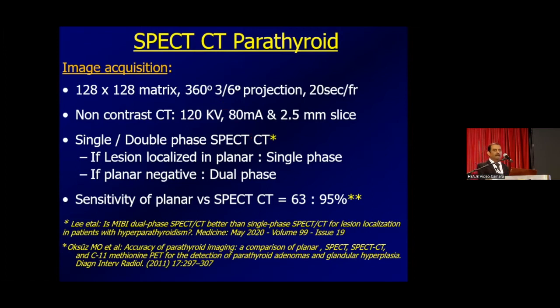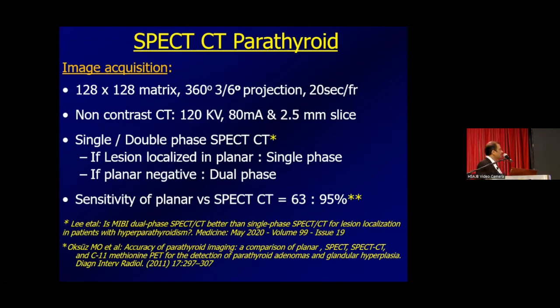So if you have a GE, you will have 30 to 40 mA SPECT-CT. If you have Siemens, then you will have 40 to 80 mA also. Because of the presence of good software today, the radiation exposure to the patients is brought down, but you should take a 2.5 millimeter slice. Reconstruction should be 2.5 mm in the CT.